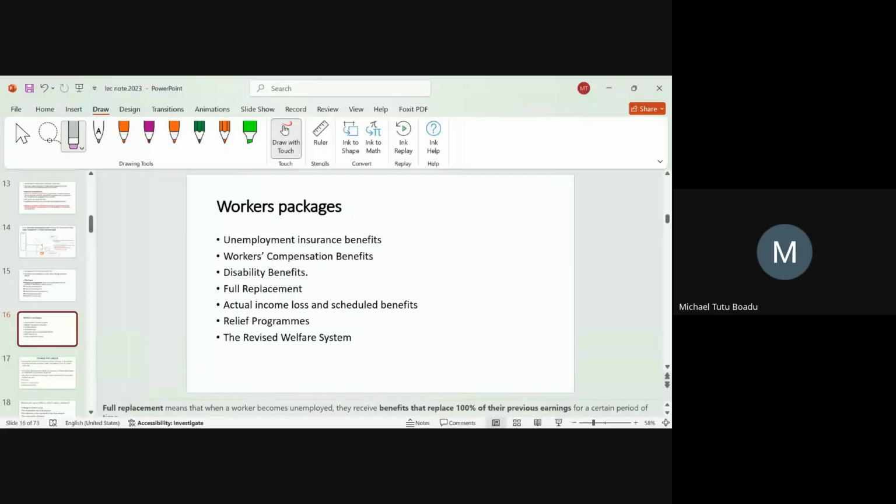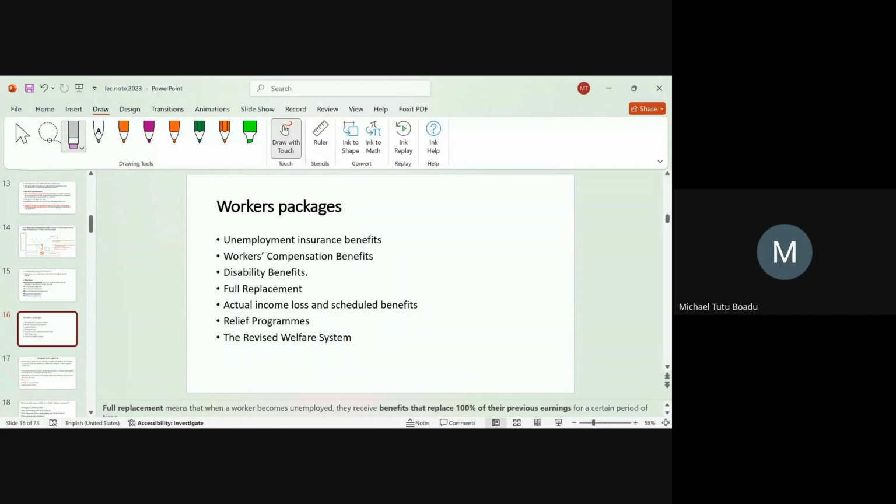So anything to cushion or to keep me safe, what we call the safety net, that will keep this worker from deteriorating the workers' living standard. These are the workers' package we're talking about here.